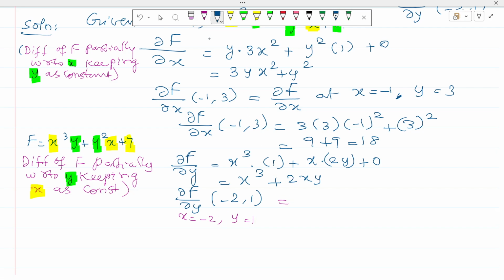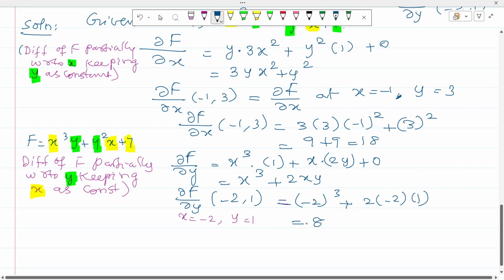So you can write here x cube, x is minus 2 whole cube, plus 2 into minus 2 into 1. So minus 2 whole cube is minus 8, and then minus 4, minus 12 is the answer for this.